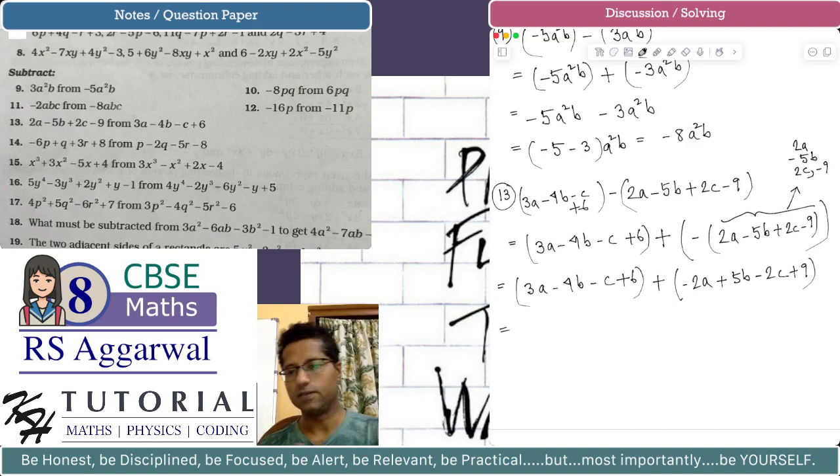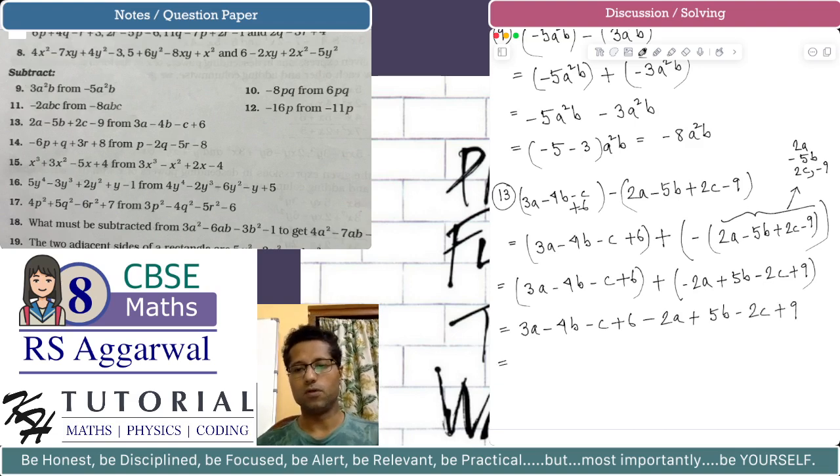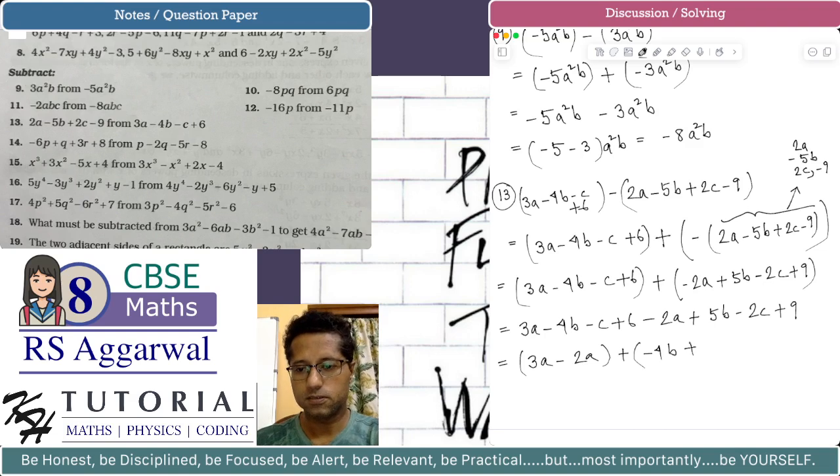Okay. Now we have the addition of two algebraic expressions. We can simply open the bracket: 3a minus 4b minus c plus 6 plus, not plus, sorry, minus 2a plus 5b minus 2c plus 9. Now we have to group all the like terms, and we have 3a minus 2a, and minus 4b plus 5b, and minus c minus 2c, and 6 plus 9.